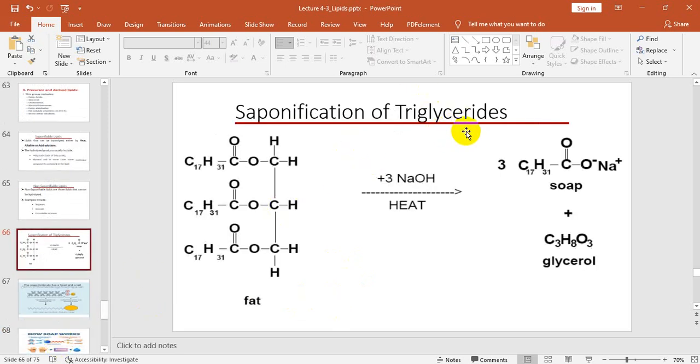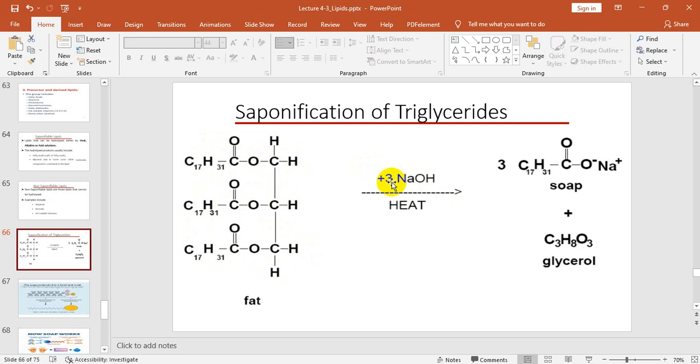Saponification of triacylglycerides or triglycerides. How do we break it down? Saponification is just breaking it down, or a process of making soap. So we want to break this structure. This is a triacylglycerol. This is an acyl group, acyl group, acyl group. Then we have the carboxylic acid side chain. Here we have the glycerol backbone.